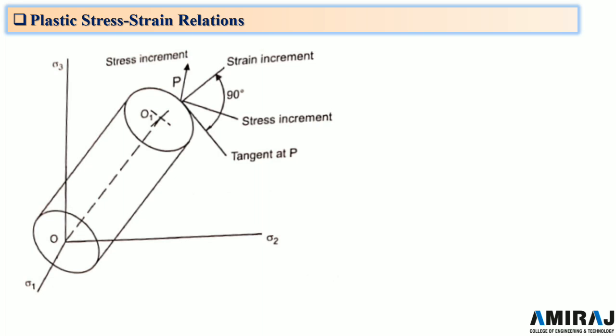If the elastic deformation is taken into account and the material does not work harden, then it is called an elastic perfectly plastic material. And if along with the elastic deformation, work hardening is also taken into consideration, it is called an elastic work hardening material.